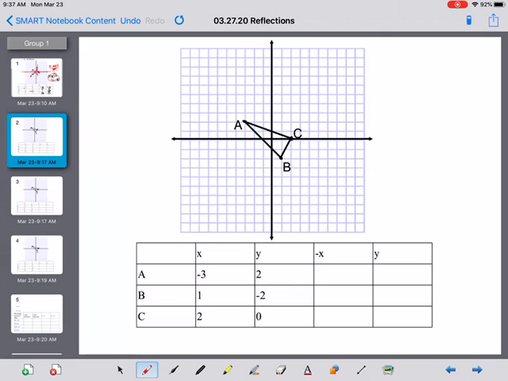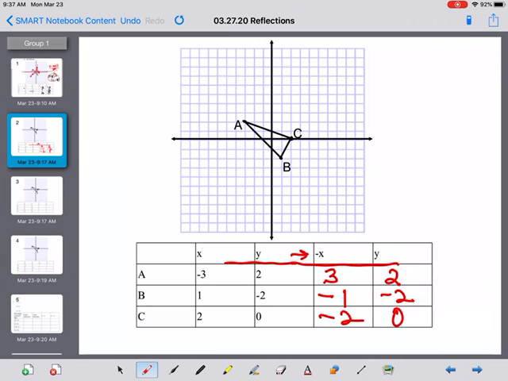Okay, so for the second one, now we have the mapping (x, y) arrow (-x, y). So we have (-3, 2), so the x becomes opposite, the y stays the same. Then (-1, -2), and then (-2, 0).